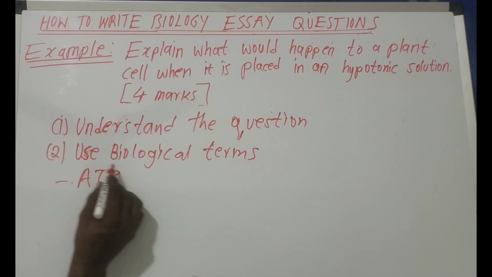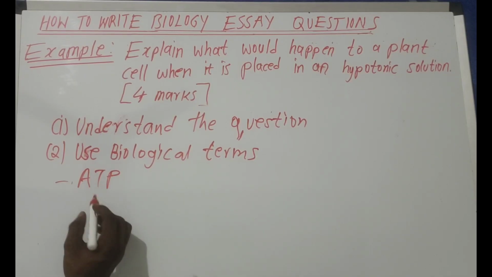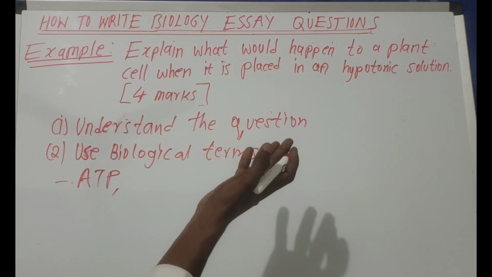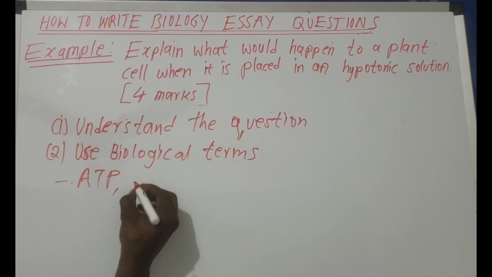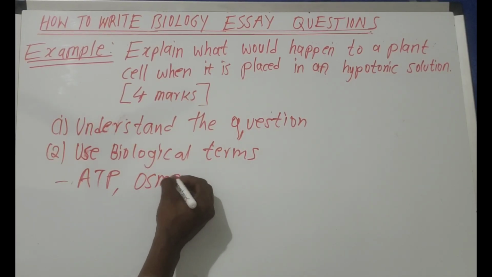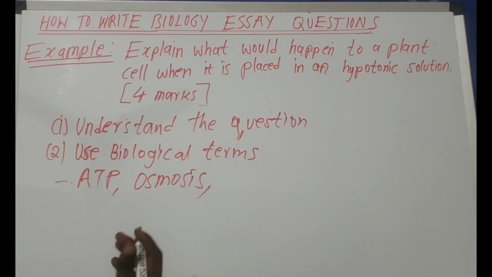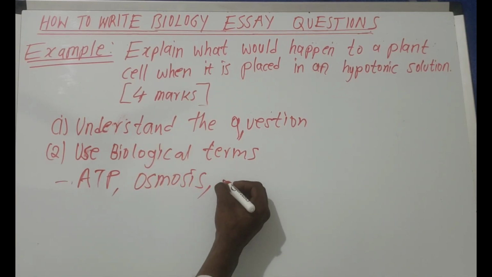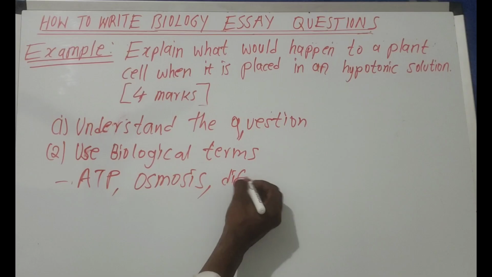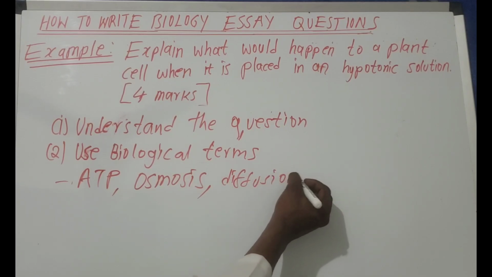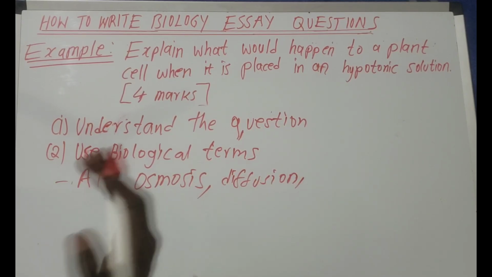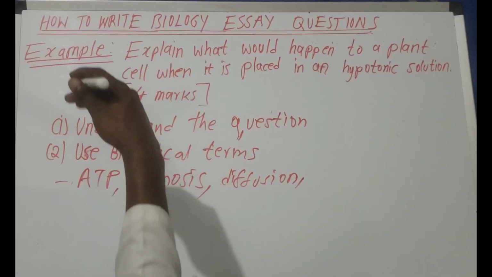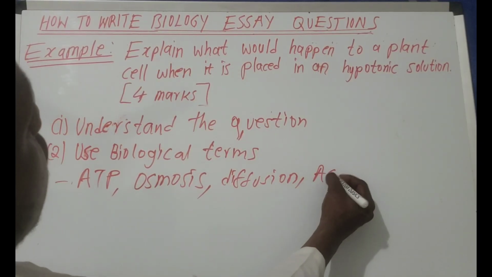Instead of using the movement of water from this region to this region, you use terms like osmosis. Instead of stating the movement of particles, you use terms like diffusion. And instead of using terms like the movement of ions from one place to another, you use terms like active transport.